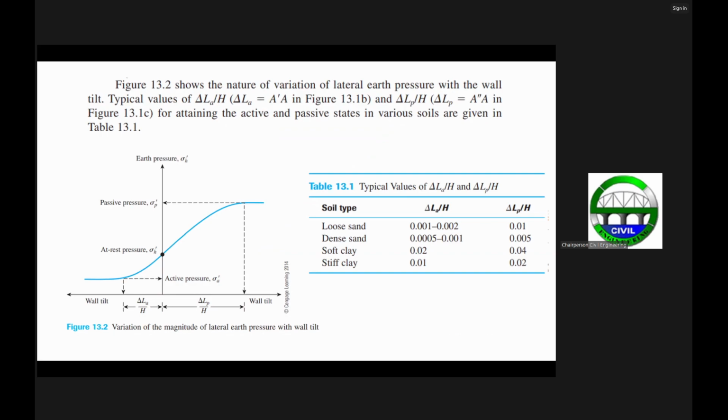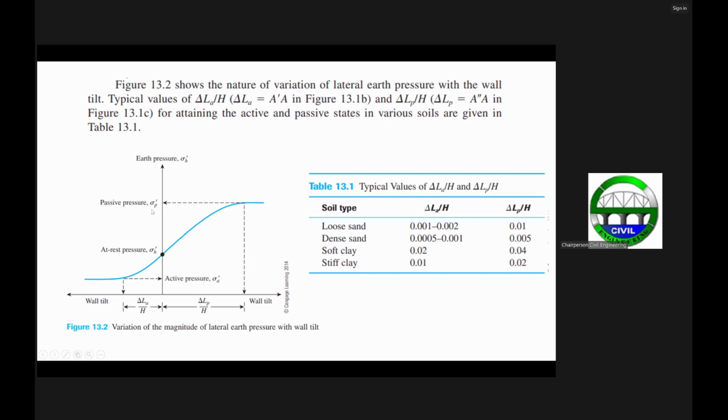Here we just have a figure on the nature of the variation of the lateral earth pressure with respect to the wall tilt.